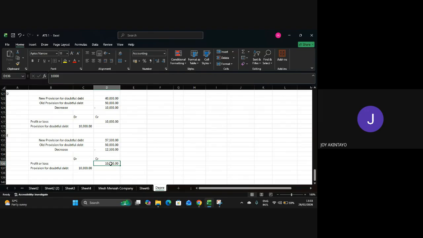So, you know, when it comes to income, where do we post it? Where do we post our income?